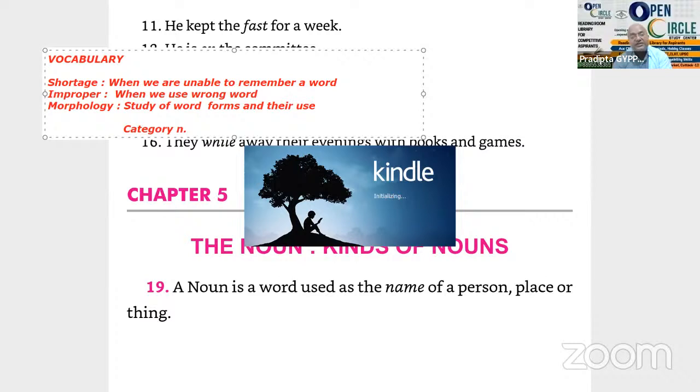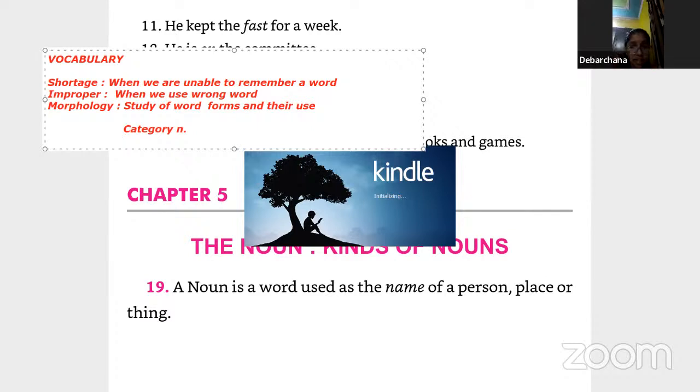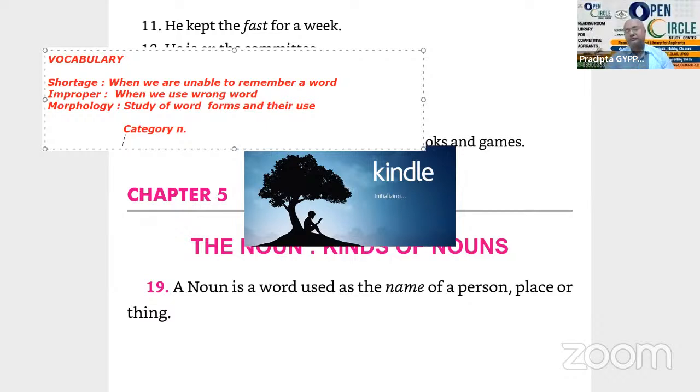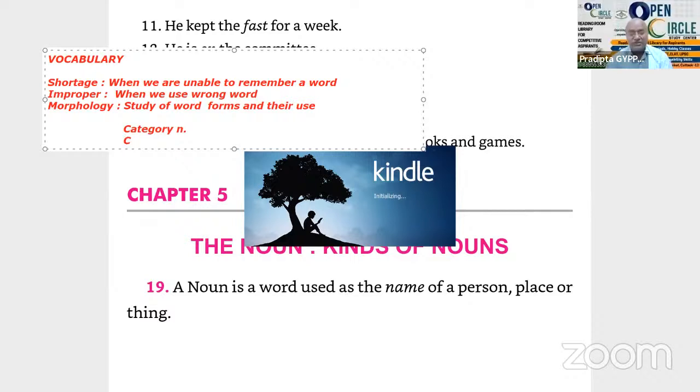Can you make it a verb? Sir, categorize. Very good. This is the verb form of category, that is categorize.